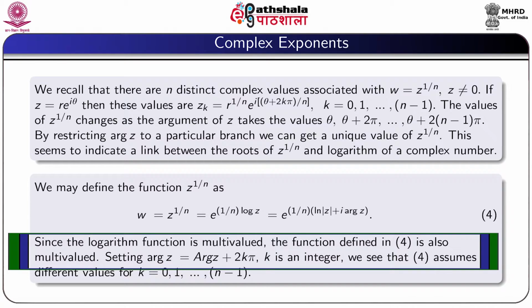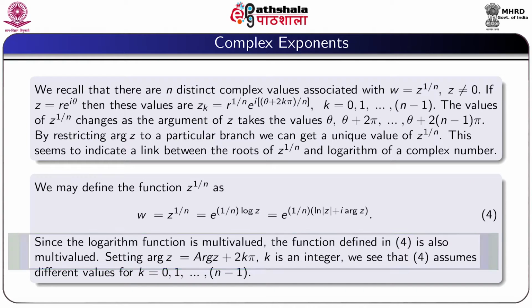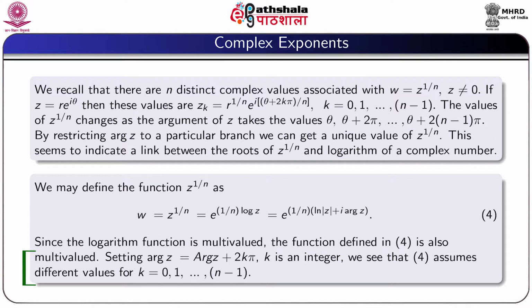Since the logarithm function is multi-valued, the function defined in 4 is also multivalued. Setting arg z = capital Arg z + 2kπ, where k is an integer, we see that 4 assumes different values for k = 0, 1 up to n-1.